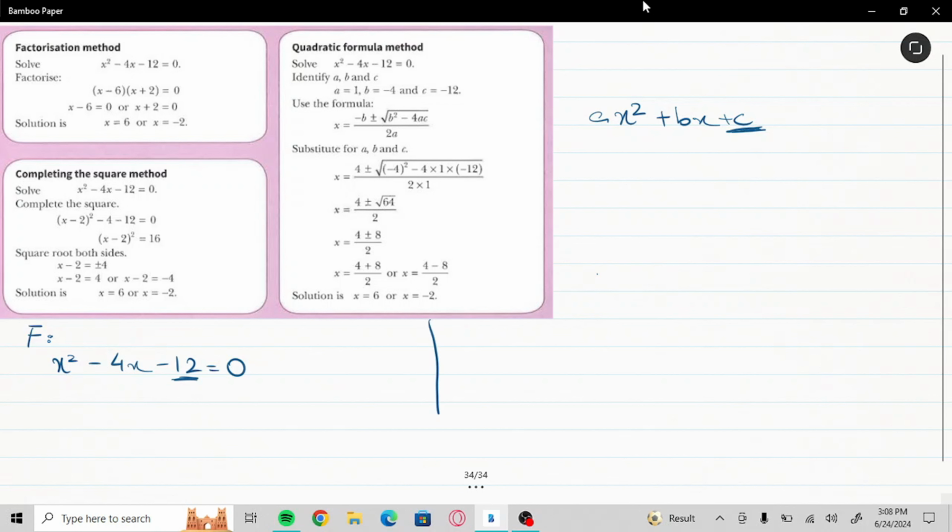Another thing I have to clarify before we start is, for example, if there had been a 2 here, it's important that we take this 2 and solve x squared minus 4x minus 12 minus 2, which becomes minus 14, is equal to 0.